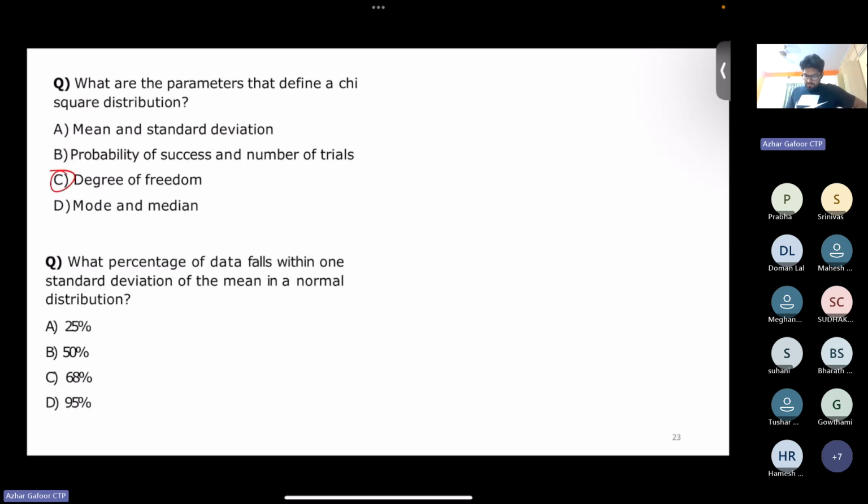So for the next one, if you can figure it out from this figure, it will be good. What percentage of data falls within one standard deviation of the mean in a normal distribution? Approximately, if you can see the figure. I think the figure was not visible.